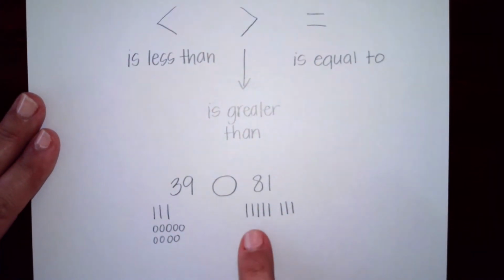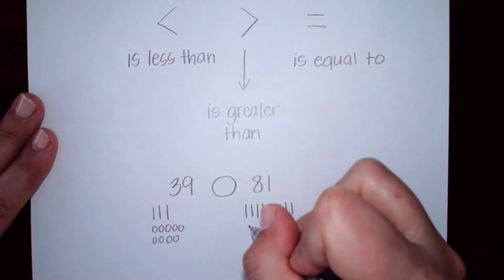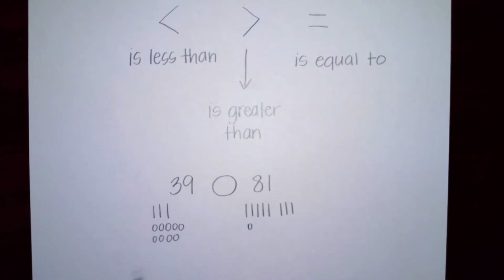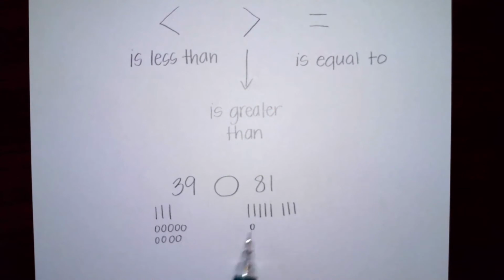And remember, we draw them in groups of 5 and 1 one. So when I look at this, I say, okay, well, I have 3 tens, which is less than 8 tens, but I have 9 right here and 1 right here. 9 is bigger than 1.